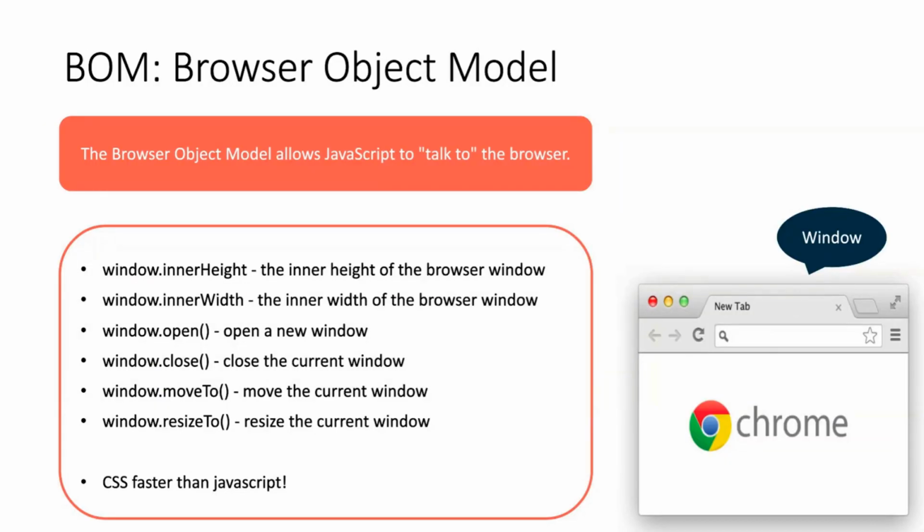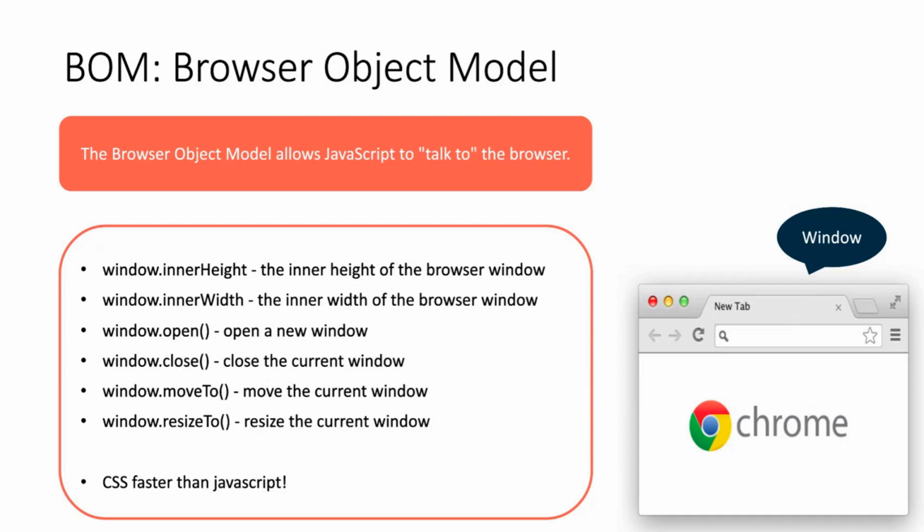Browser Object Model, or BOM. It is similar to what we have just learned, the Document Object Model. The difference is that the Browser Object Model allows JavaScript to talk to the browser, whereas in the DOM, JavaScript was only able to talk with the tab. With tab, I mean the whole HTML page on that particular tab.